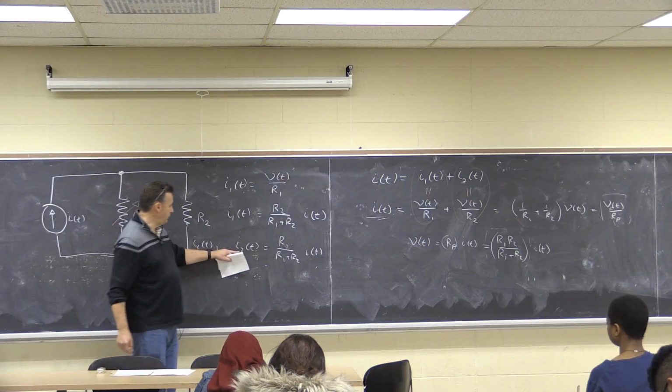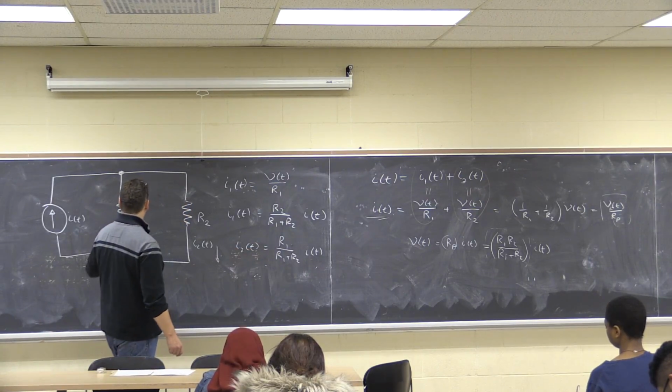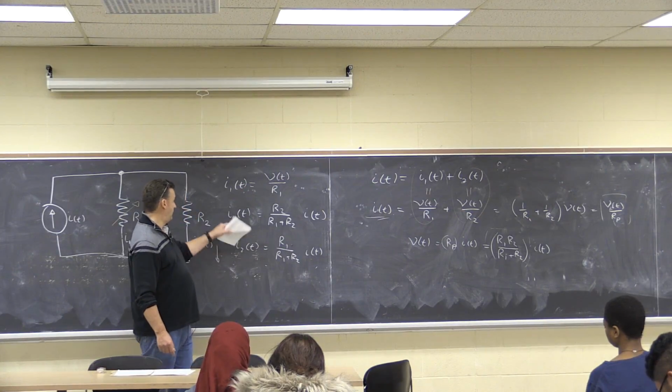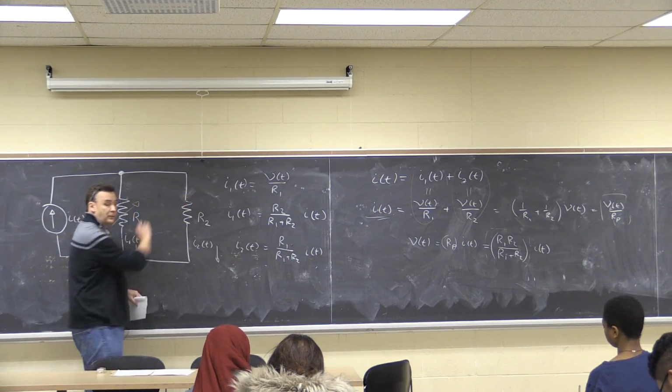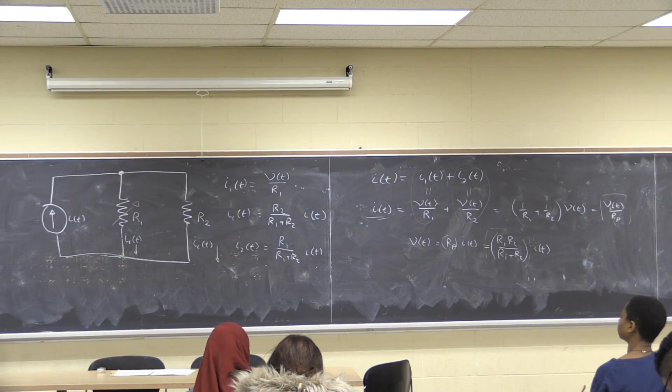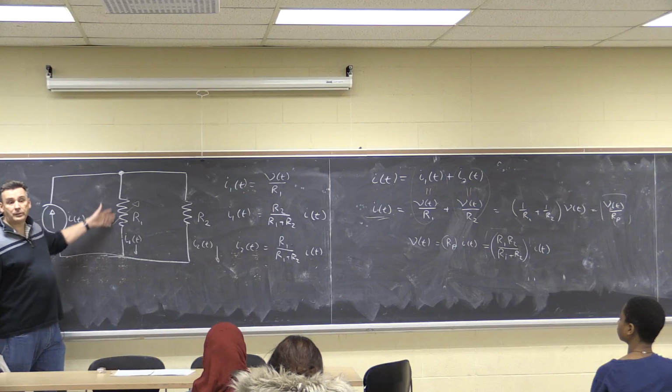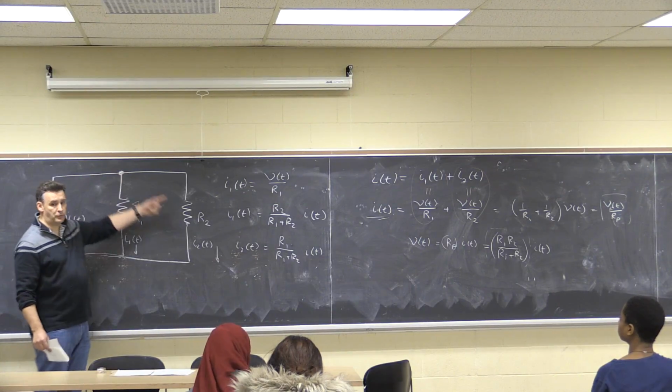So the current through 2 changes as I change the value of 1. Likewise, maybe I'd be better changing this one if I want to do 2s. But I could change either, and I balance the currents. So if one of the resistors goes to infinity, the current through the resistor is 0, so it all goes through the other.